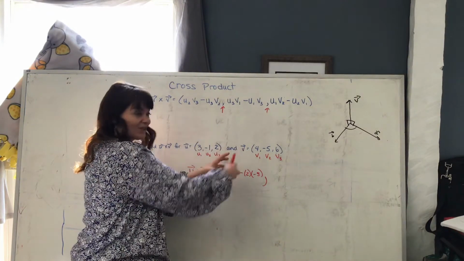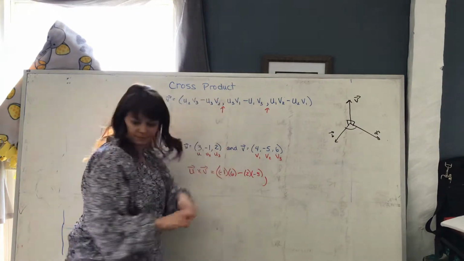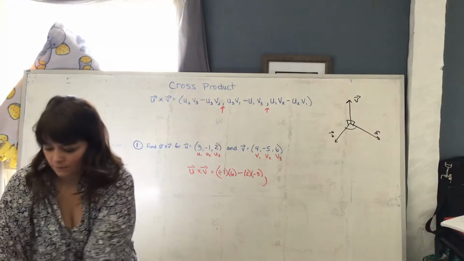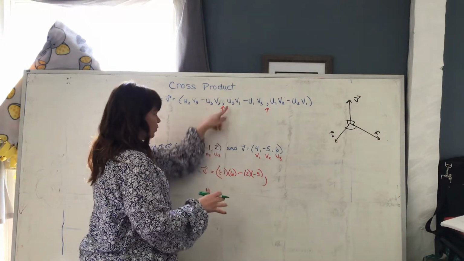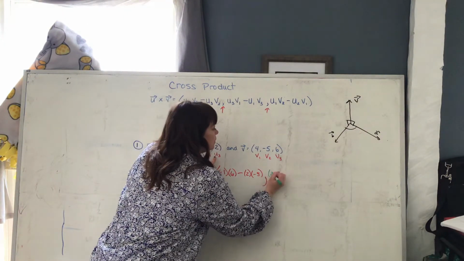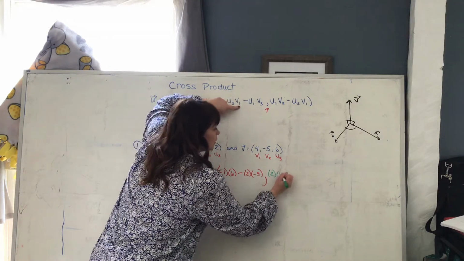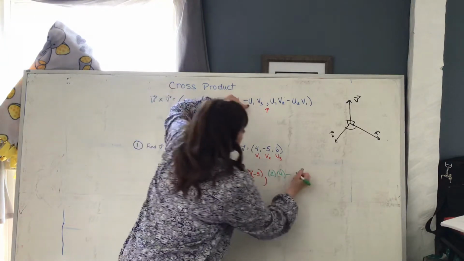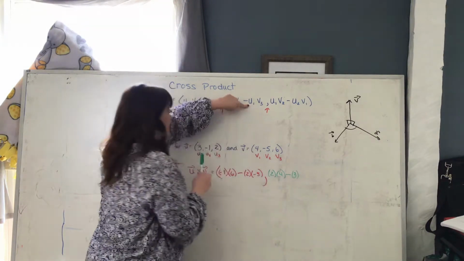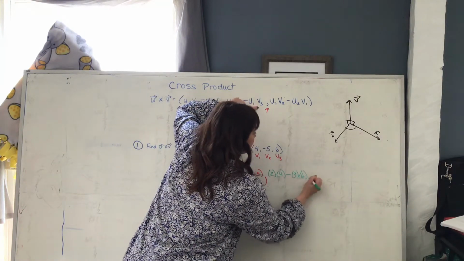This is going to be my x value. Next thing, I'll change colors. U3, 2, times V1, 4, minus U1, 3, times V3, 6, comma.